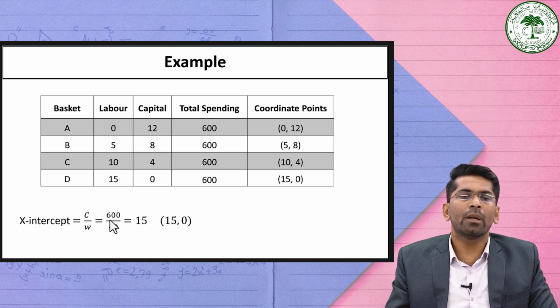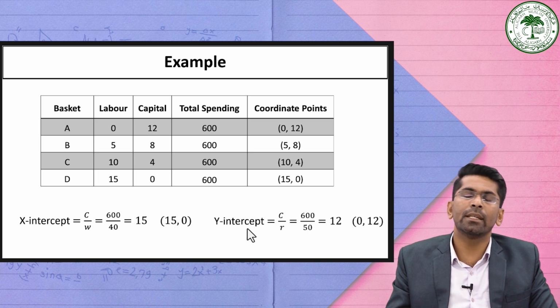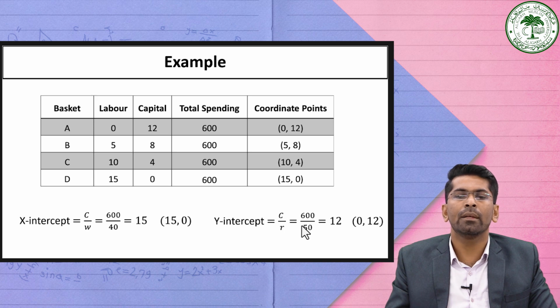The total expenditure is 600 divided by 40, which is equal to 15. So when capital is 0, the x-intercept point is 15, 0. Similarly, we can find the y-intercept term, which is C upon R, that is 600 divided by 50, so it is equal to 12. When x is equal to 0, the y-intercept term is equal to 12.